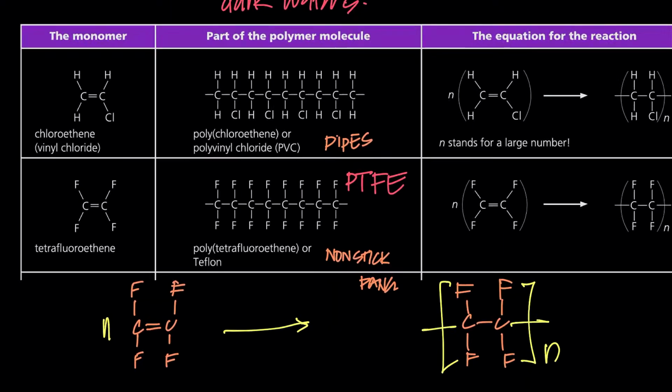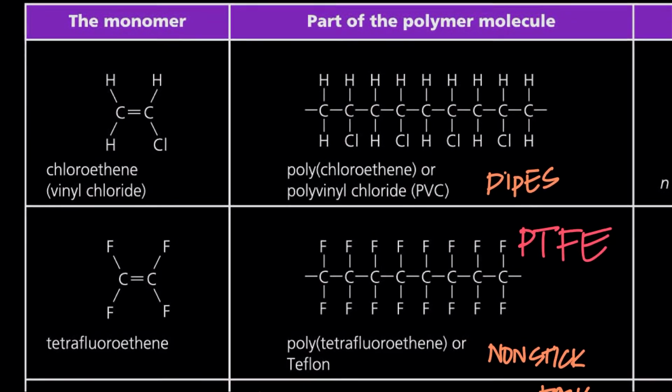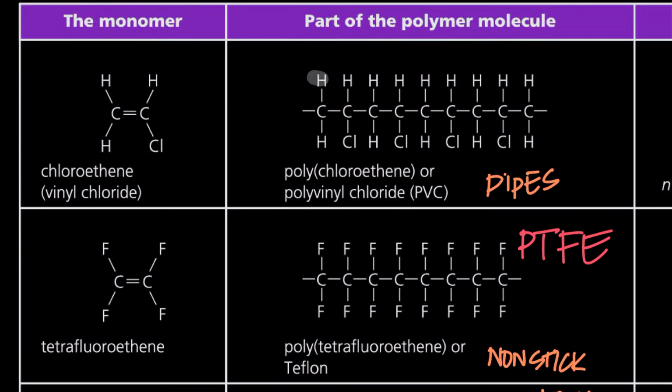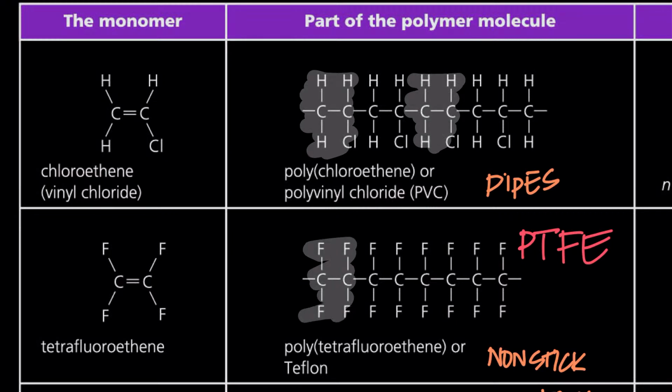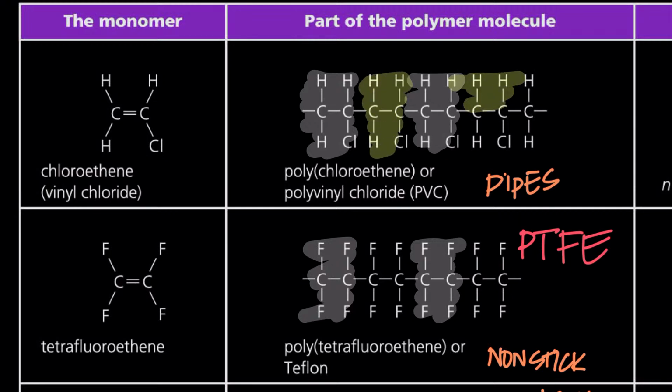For example, here, if I focus on these: one repeat unit, then the next repeat unit, then the next repeat unit, and so on. Obviously, this one is half a repeat unit, so it's not really a repeat unit. All these that I'm highlighting are repeat units. So you can look at repeat units and therefore make the monomer.